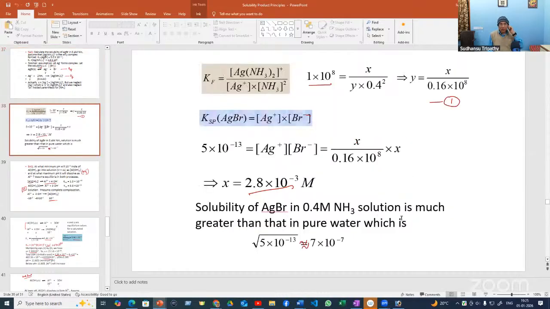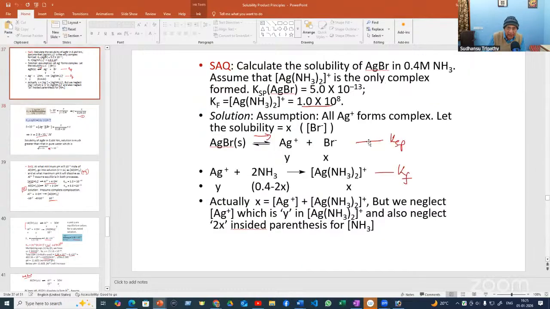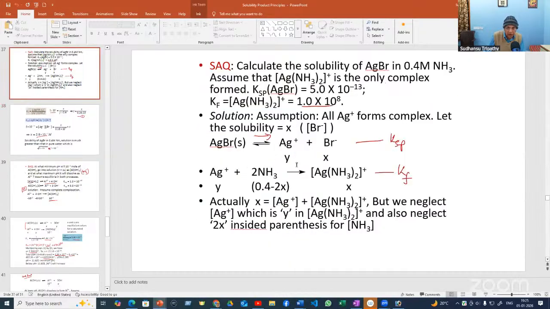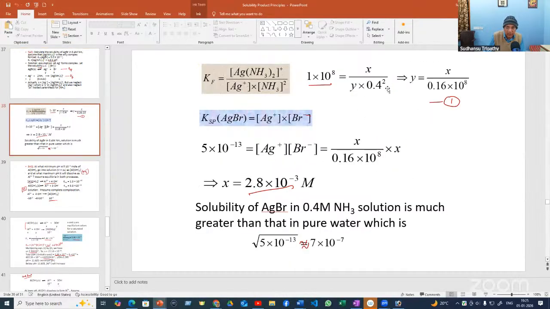Now see what we have done. I have already explained what I have written there. So this is KF. KF is x divided by y into 0.4. I have neglected 2x in the face of 0.4. Many approximations you have to do. So simply y into 0.4 square, so that you get y in terms of x.